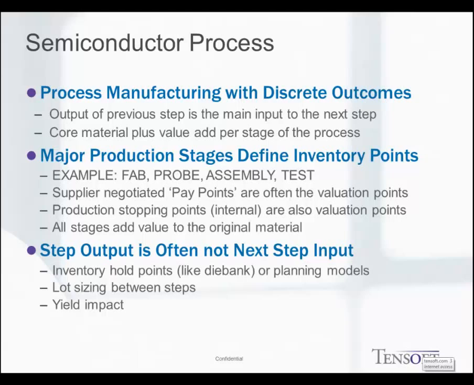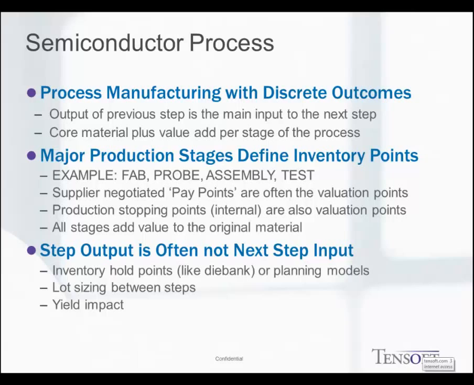Now, I know we just said at the beginning that the output of the preceding step is the input to the next step, but we also have this complexity where the output in total is not often the next step input. And so the difference between those two is that a wafer would go to sort, and so the sort process would have wafers coming in.